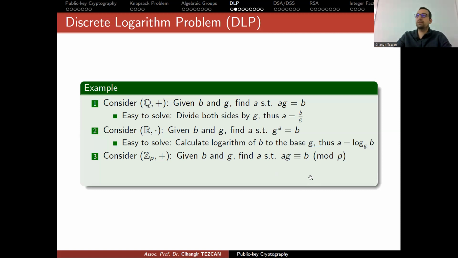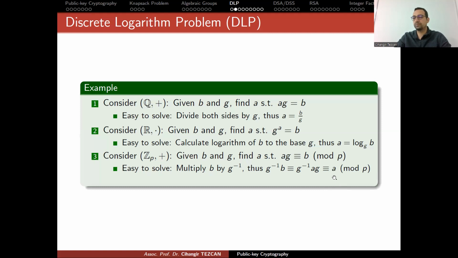But there's an easier way to solve it. Multiply b by g inverse. Thus, g inverse times b would actually mean g inverse times a times g, because b is a times g modulo p. The g's will cancel each other, and you will end up with a. So all you need to do is to compute the inverse of g, with respect to multiplication, of course.